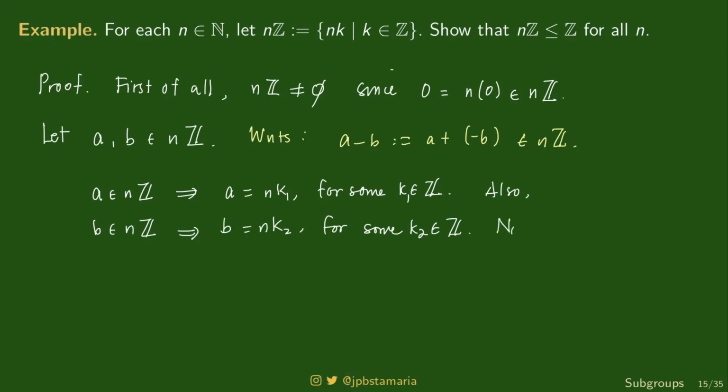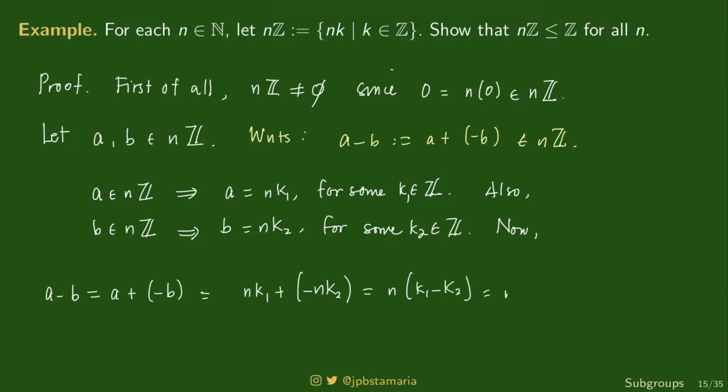Okay. Now, if I do A minus B, ito yung one-step subgroup test, or A plus minus B, in this case, it will mean NK1 plus negative NK2. As you can see, this can simplify to N(K1 minus K2).